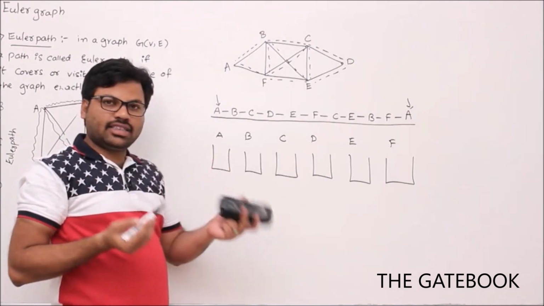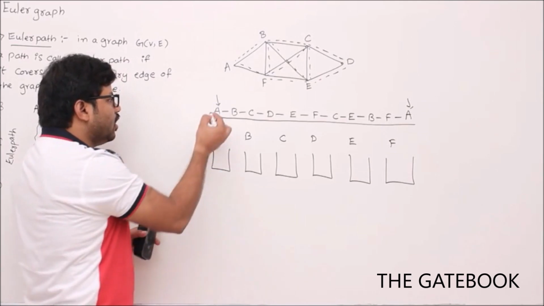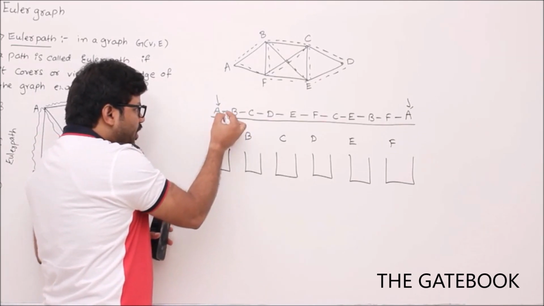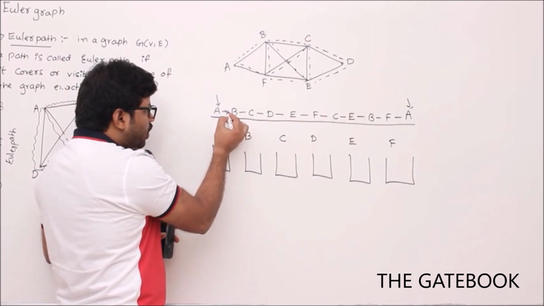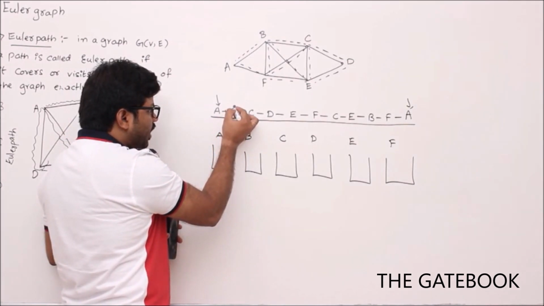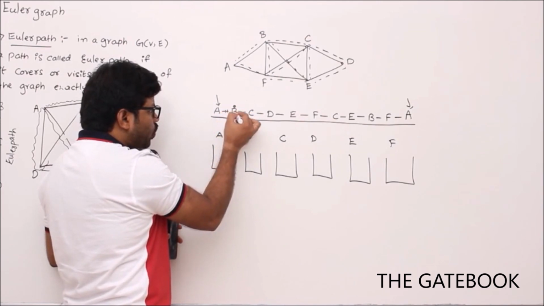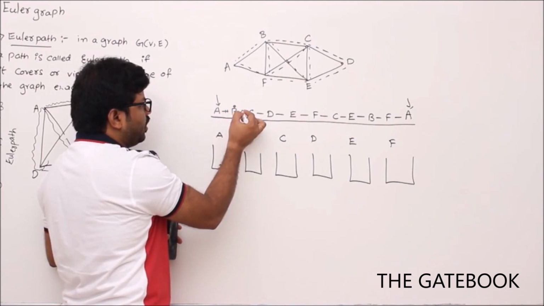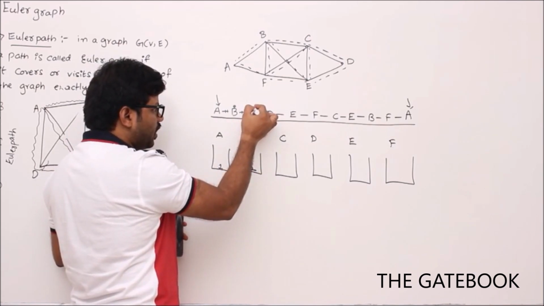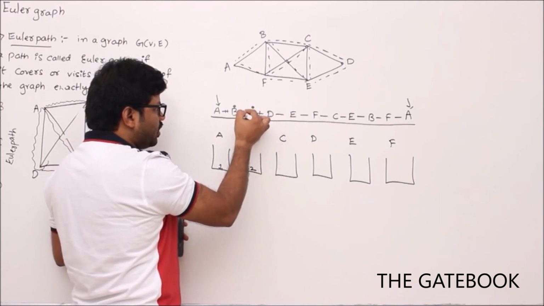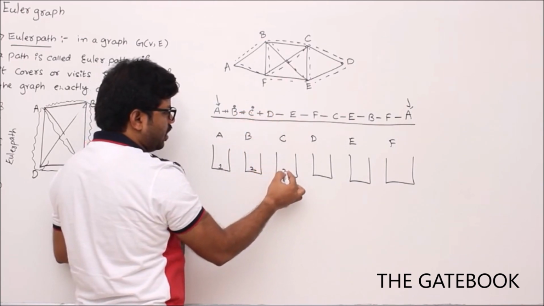Now when you have that Euler circuit, we'll see what happens to the degree calculations. We know that because of this edge, A gets 1, right? Then immediately after that, for all intermediate vertices, I can say that this vertex B now gets degree 2 because of this edge. Then C gets +1 because of this edge and +1 because of this edge, so let's write 2.